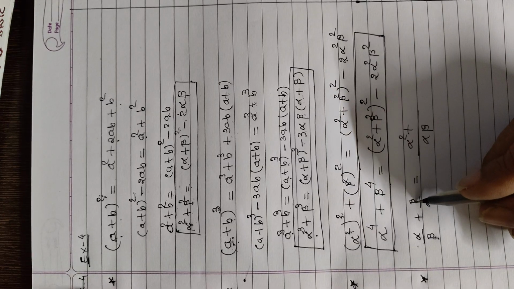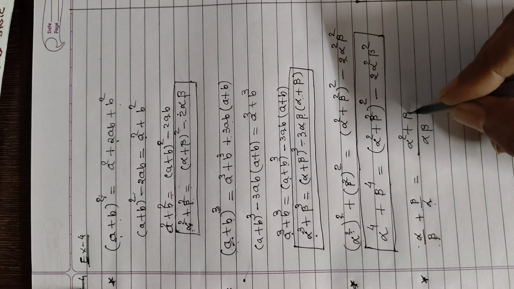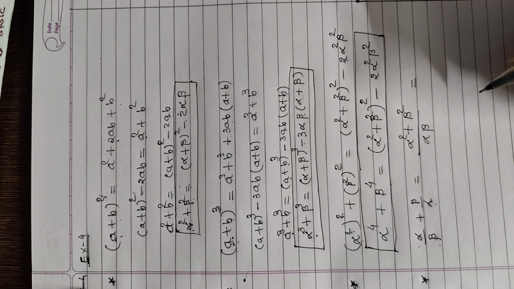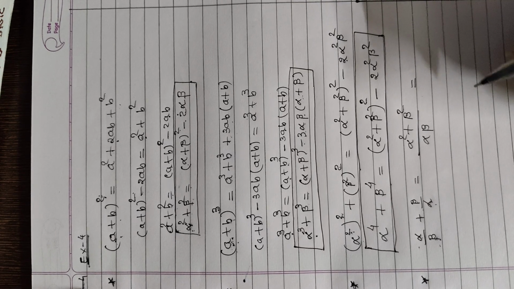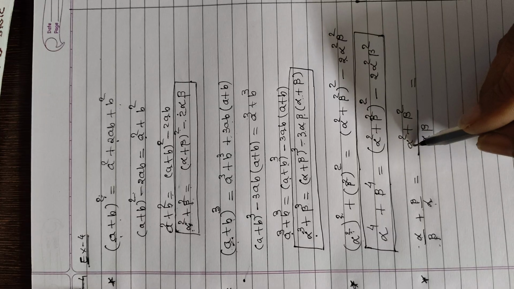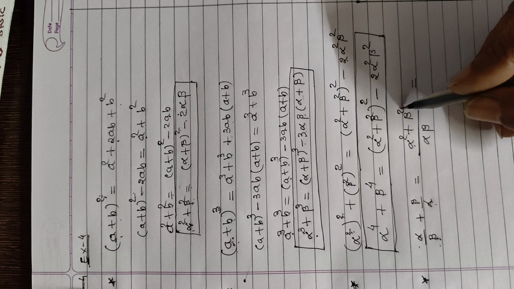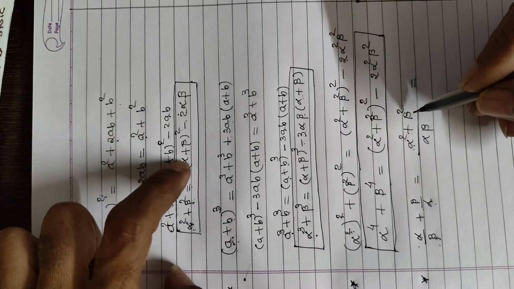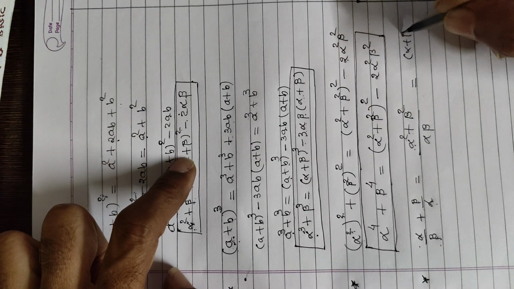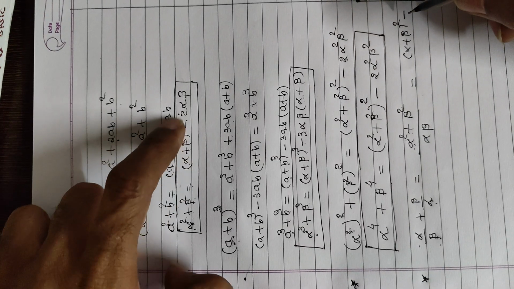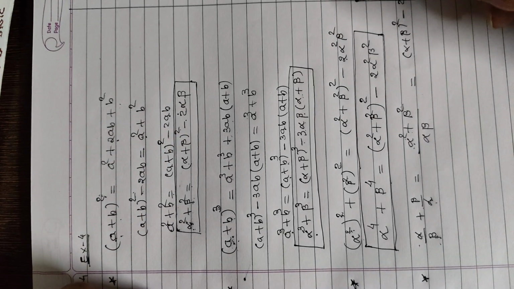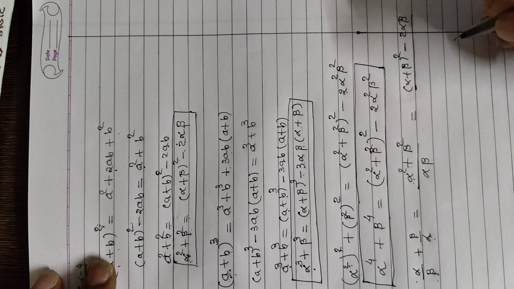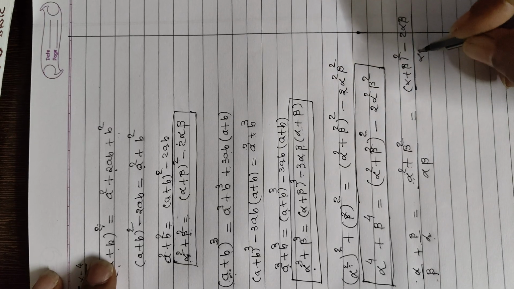Beta multiplied with beta will be beta square. Now alpha square plus beta square: here alpha square plus beta square is equal to (alpha + beta) whole square minus 2 alpha beta, divided by alpha beta.